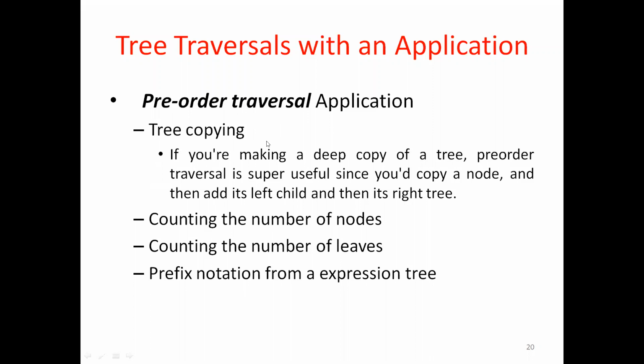If I want to copy an entire tree to another, this is the first application of the pre-order traversal: tree copying. If you use post order or in order, that will not be much efficient. Why are we using pre-order traversal to copy a tree?